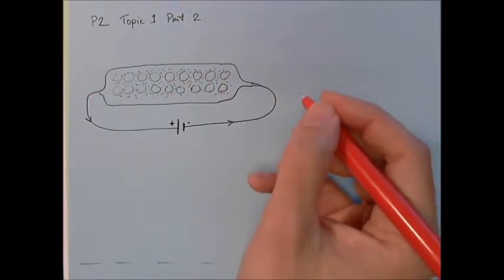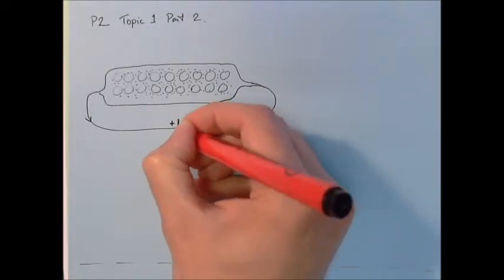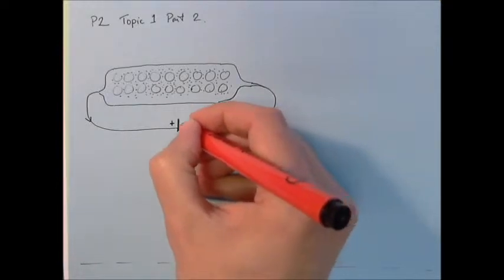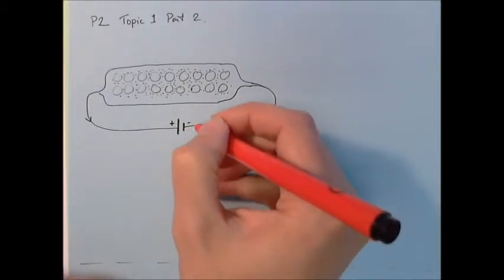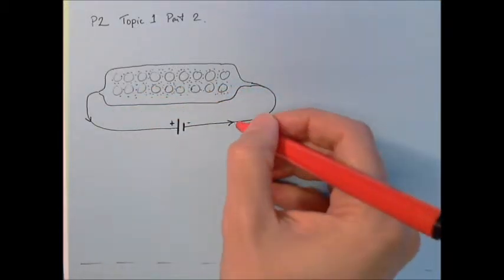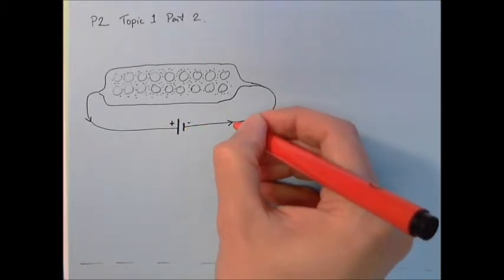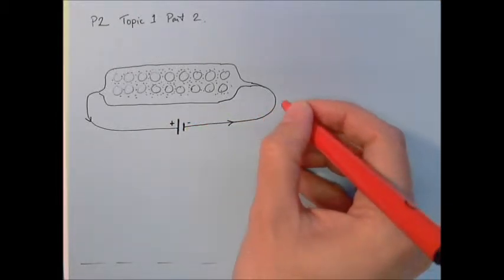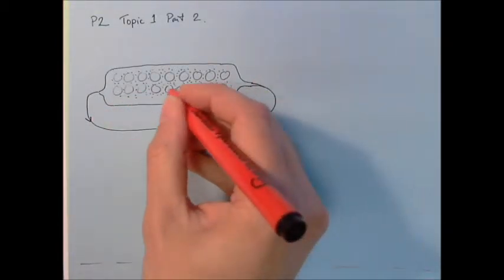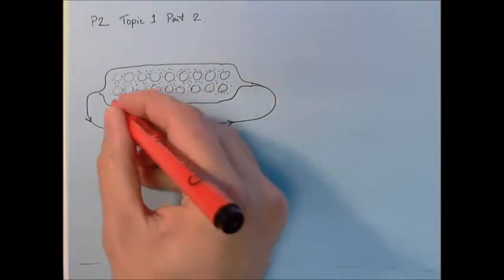This battery might just contain 2 plates of metal and an acid. In any case, it draws the electrons in a particular direction, and that means electrons need to be replaced, and so they leave the battery, and we get a circuit of flowing electrons, and these electrons have a charge.